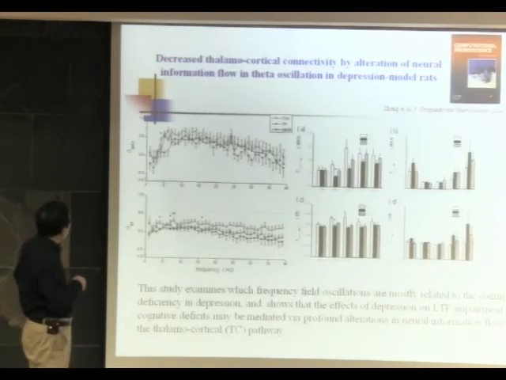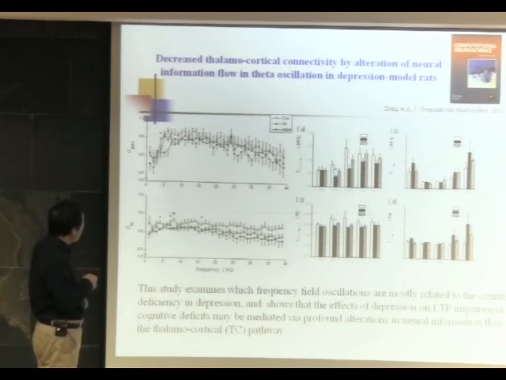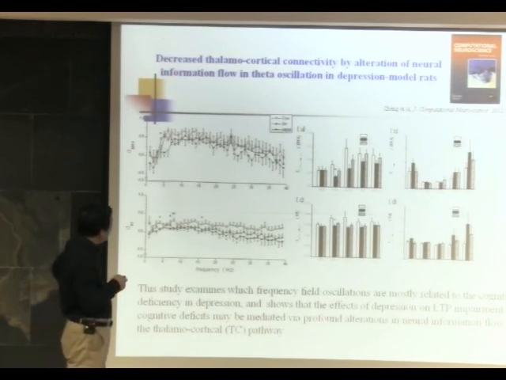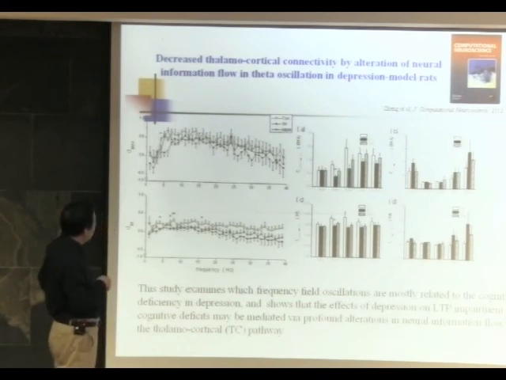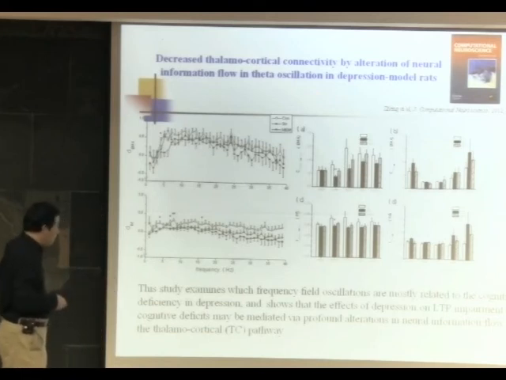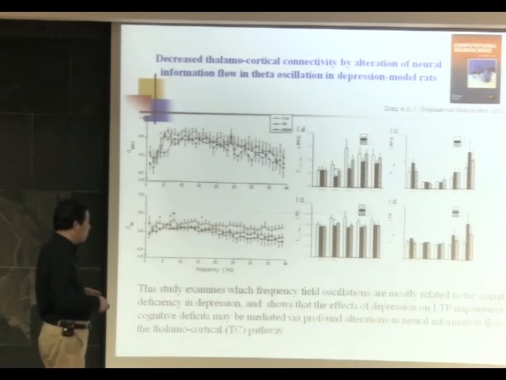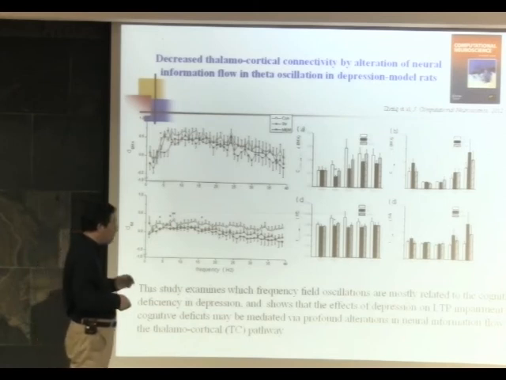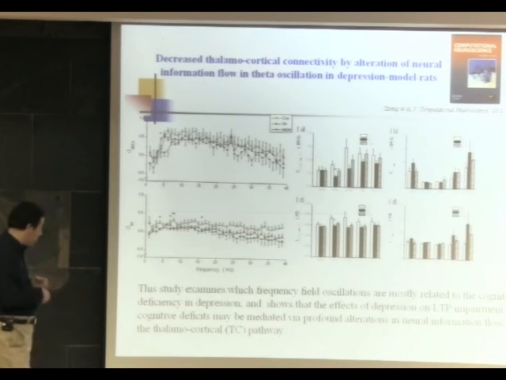This slide shows decreased cerebral cortex connectivity by alteration of neural information flow in theta oscillation in depression model rats. This study examines which frequency oscillations are mostly related to the cognitive deficiency in the depression state.